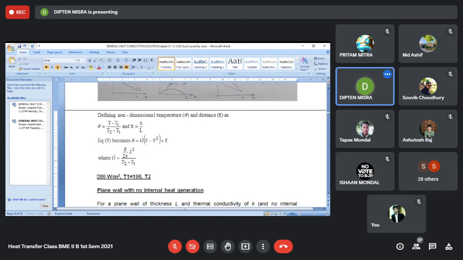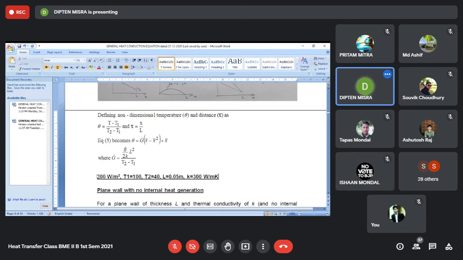So T2 is equal to, suppose, 40 degrees centigrade, and your L is equal to 0.5 centimeter, means 0.05 meter. The unit should be consistent also. And suppose K is equal to 300 watt per meter Kelvin. Anything else is left? Nothing else.